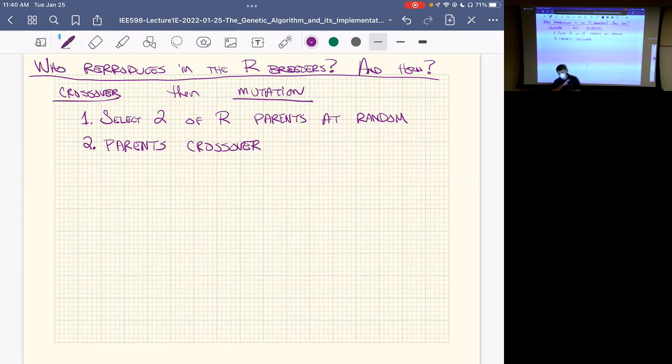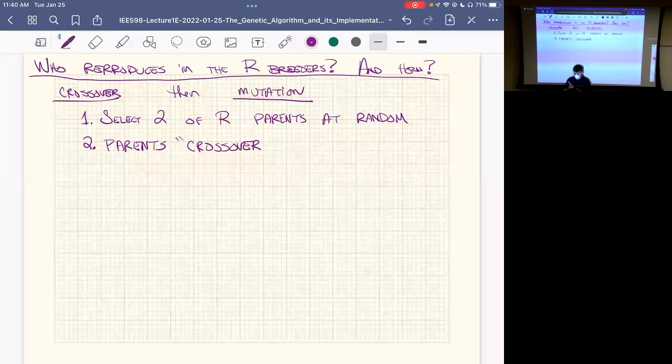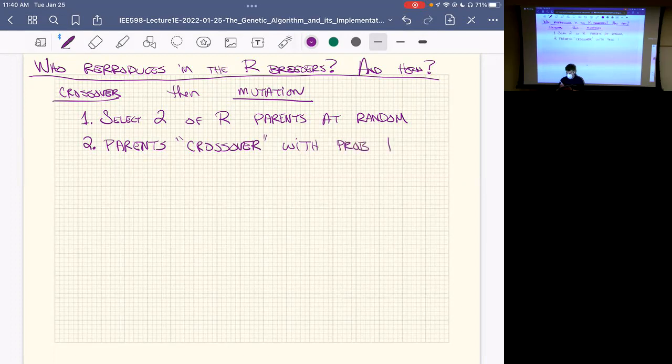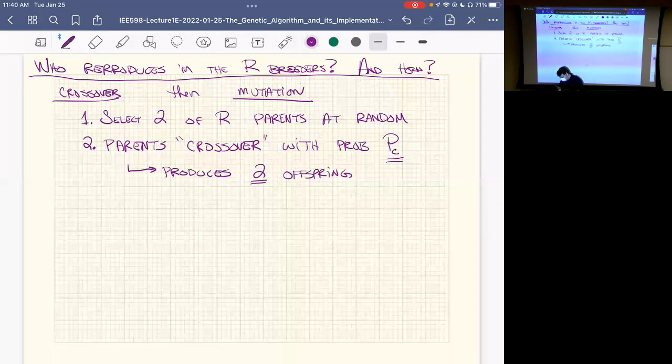For now, we're just going to say they cross over with probability PC. That is another hyperparameter that will be set ahead of time. The crossover then produces two offspring in the new population.